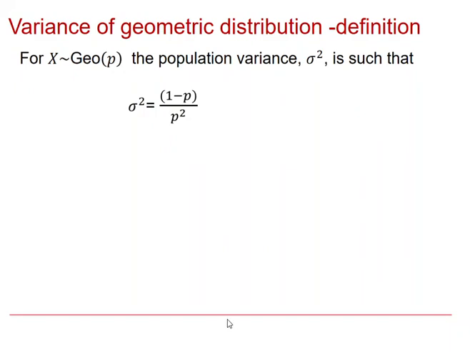The variance for the geometric distribution is defined as 1 minus p over p squared, and I will leave that proof for you to explore as an exercise. There are very many statistics books where you can find that proof.